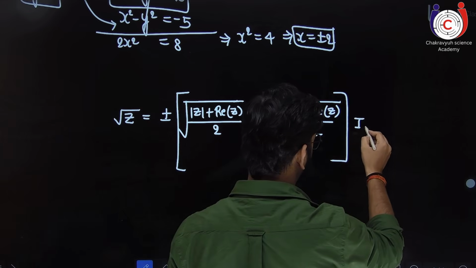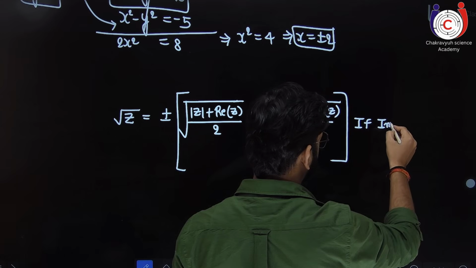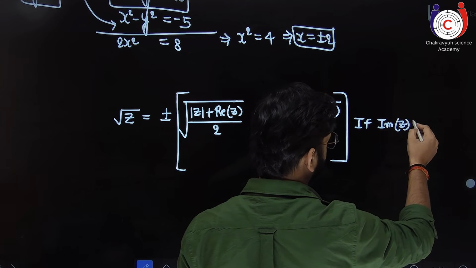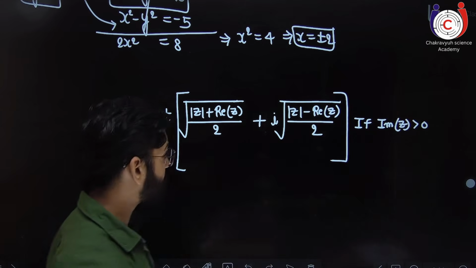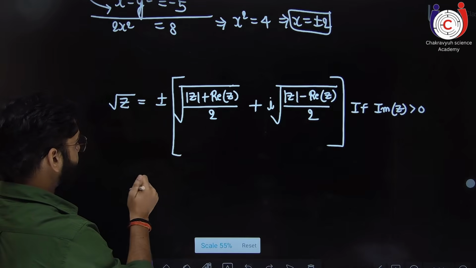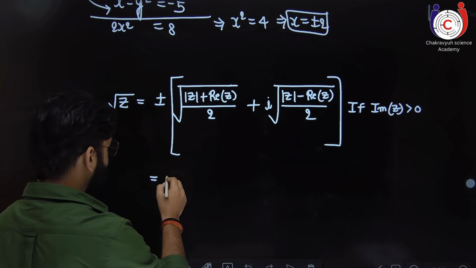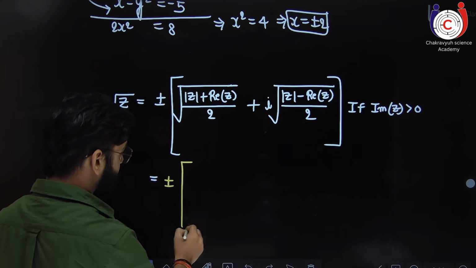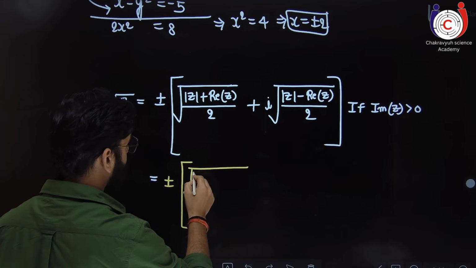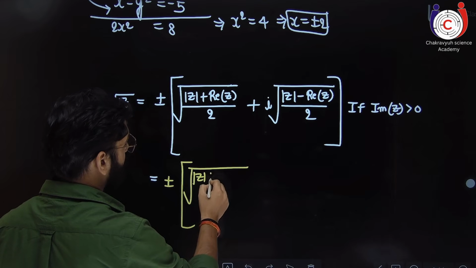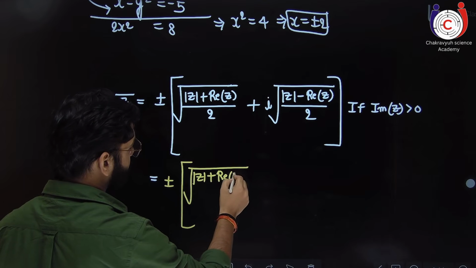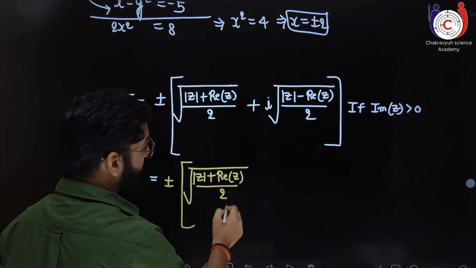if the imaginary part of the complex number is positive. Now what will happen if the imaginary part is negative? Then it will be plus minus under root of (mod of z plus the real part of z) divided by 2.